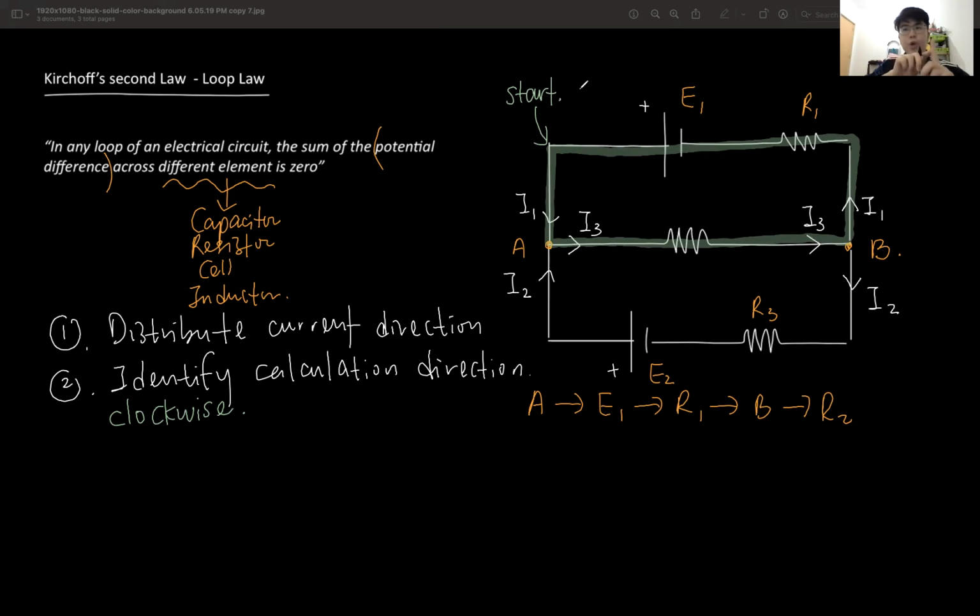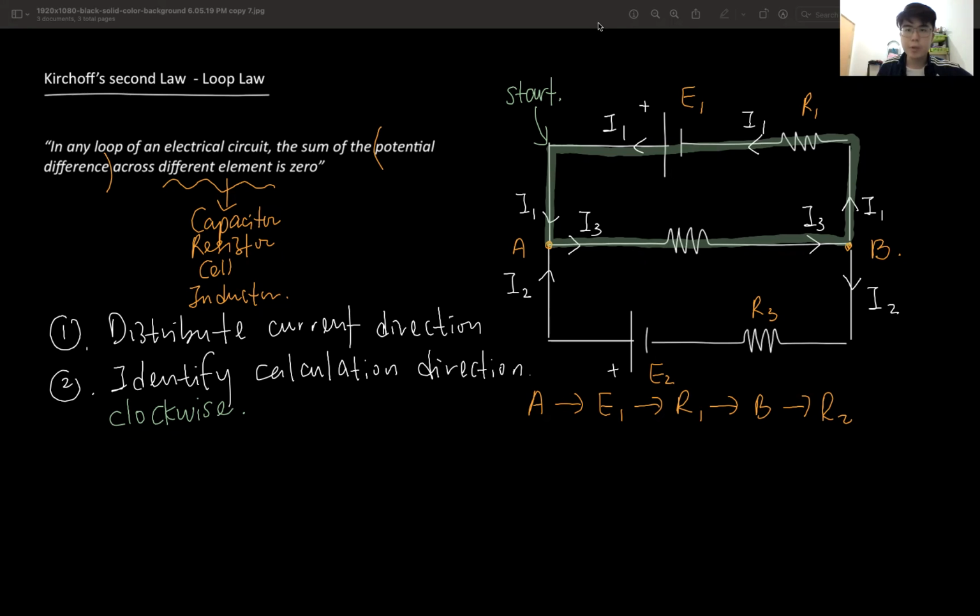And then I'm going to go to the right first because I go clockwise direction. Okay, now remember, you need to have all the current labeled. Okay, so this is I1. That means the current flowing through here, I1, flowing through the cell is also I1. Very simple, you use this method.